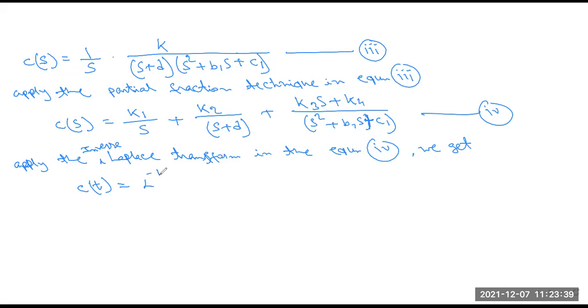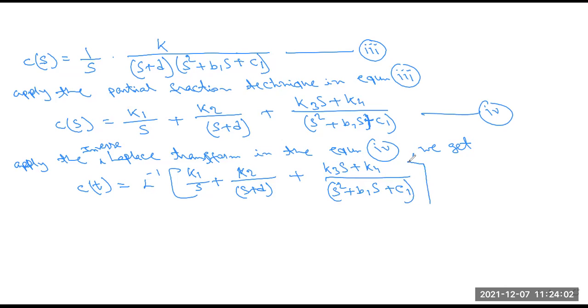So the equation is the inverse Laplace of K1 by s plus K2 by (s plus d) plus (K3 s plus K4) divided by (a squared plus B1 s plus C1). So we have to apply the inverse Laplace transformation. These are the basic terms we use for the third order control system.